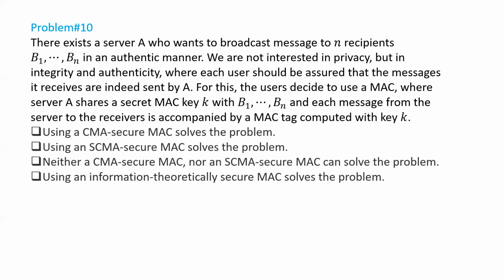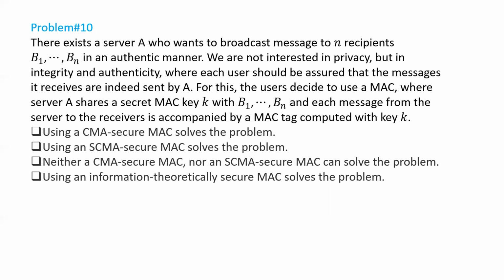Okay, so just to recap, CMA is chosen message attack, and a CMA secure MAC ensures that an adversary, even after seeing some valid message tag pairs of messages chosen by itself, should not be able to come up with some valid message tag pair M star, T star such that M star was not among the query messages seen by it.